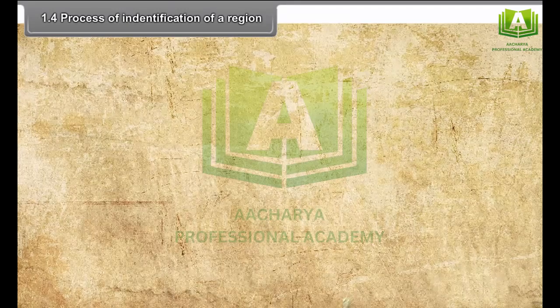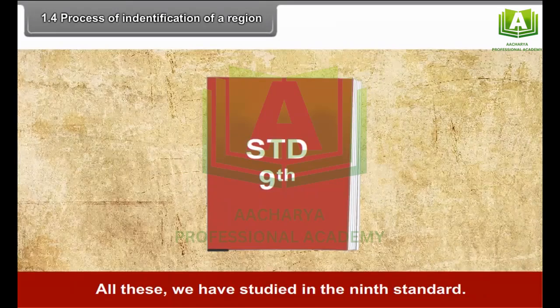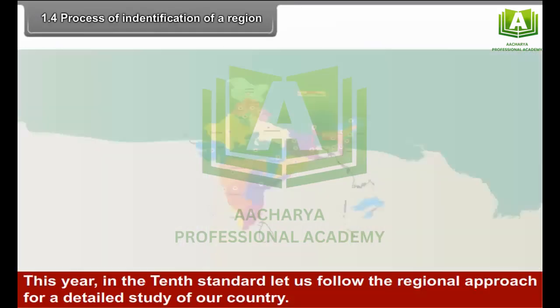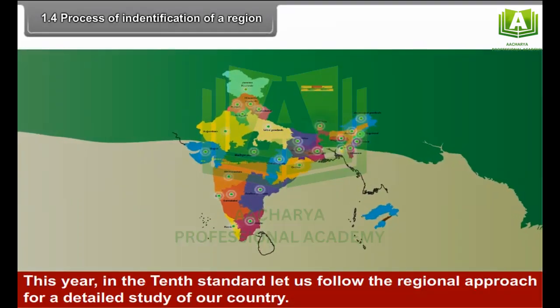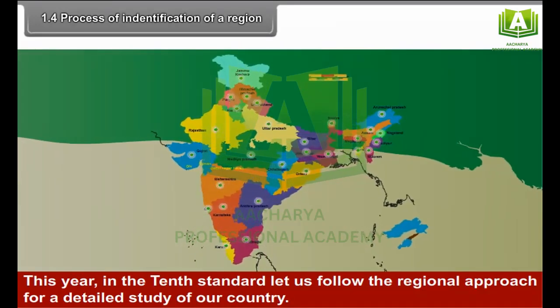1.4 Process of identification of a region. What is a region? On what basis are regions defined? All these we have studied in the 9th standard. This year, in the 10th standard, let us follow the regional approach for a detailed study of our country.